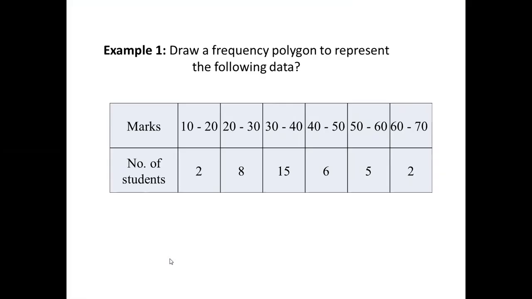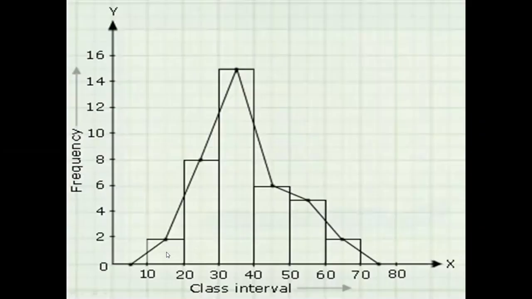If you want, you can plot a histogram first, the way we have plotted it, and then you have to consider the midpoints of each of these bars. So from 10 to 20, what is the midpoint of that class interval? It is 15. So you mark the midpoint of this class interval at the top of the bar.